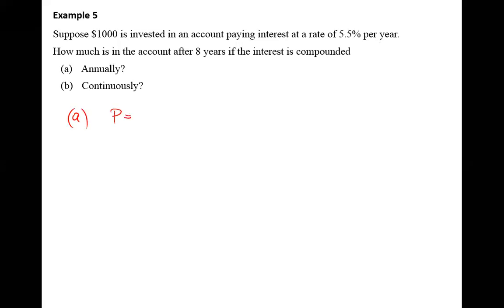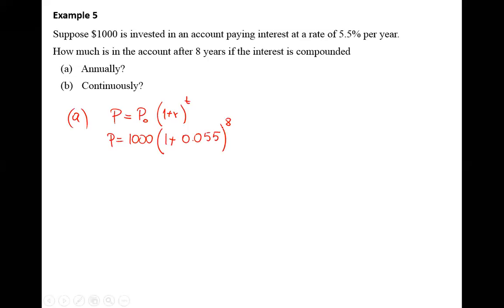This is my initial amount, and I will split the rate and the time. I know that I am investing $1,000 and my rate is 0.055 and the number of years.